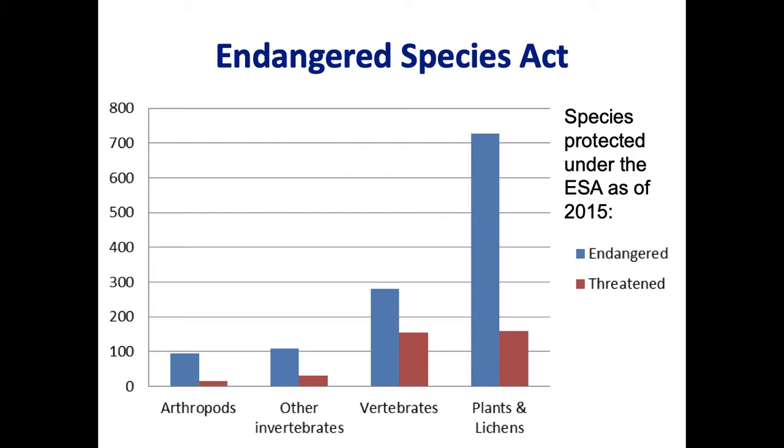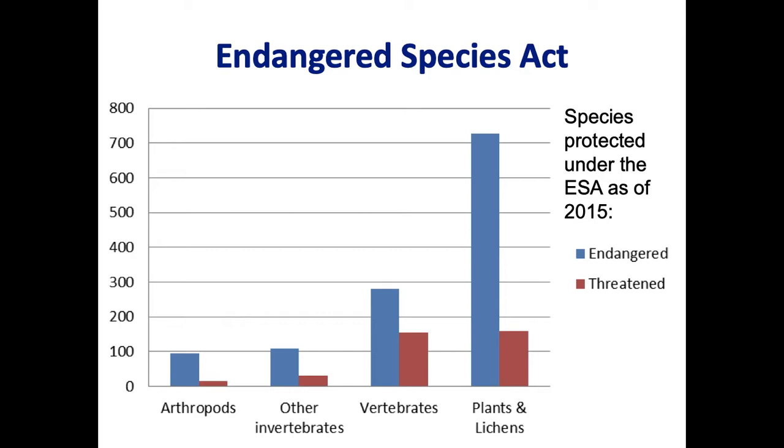One criticism is that the few number of species that have actually recovered and the growing list of species that are on the list. So we can see this shows the number of species that are endangered and threatened under different groups. And this is the number of species protected as of 2015.